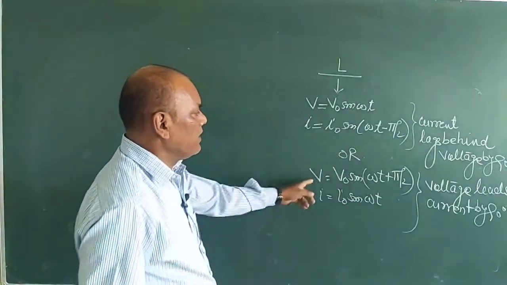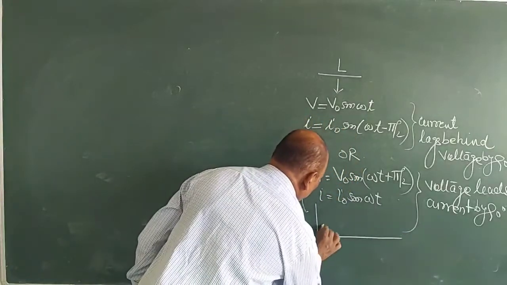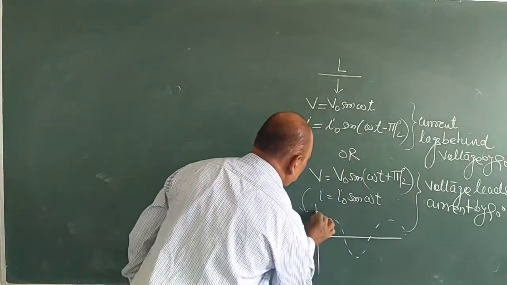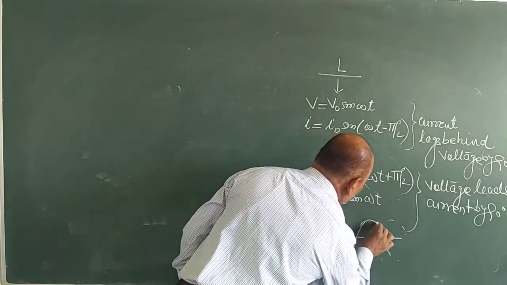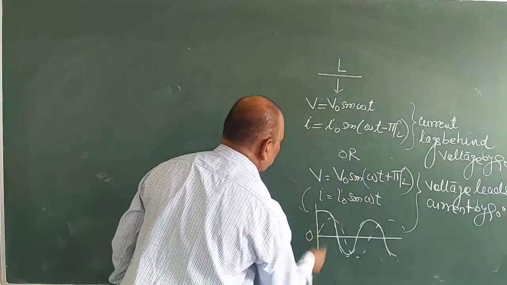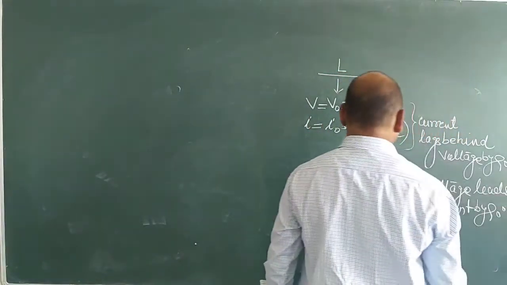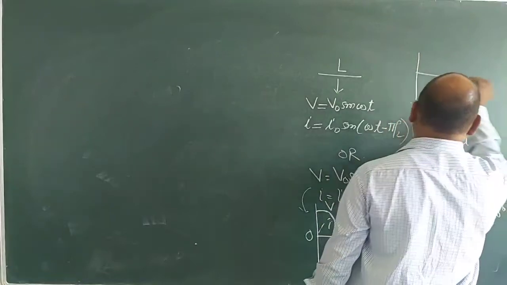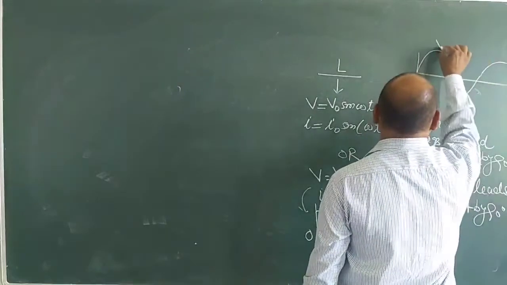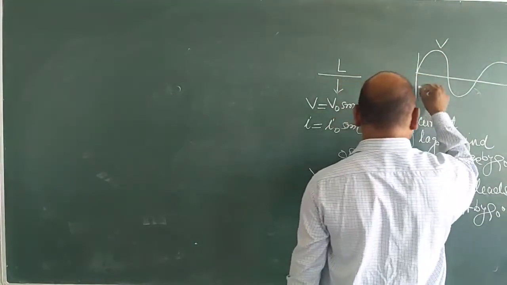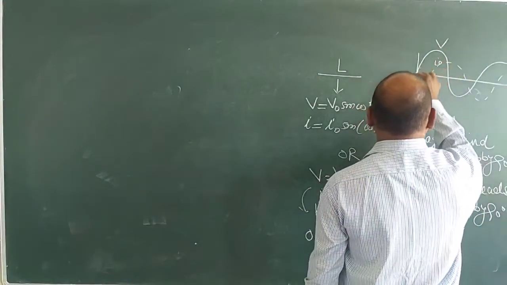Now here it will be graphically represented in this way. Current starts from origin and then voltage starts somewhat away from here. It starts from the positive direction away from the origin, V and I. And graphically, when voltage starts from origin, then current lags and starts from here, this I0.